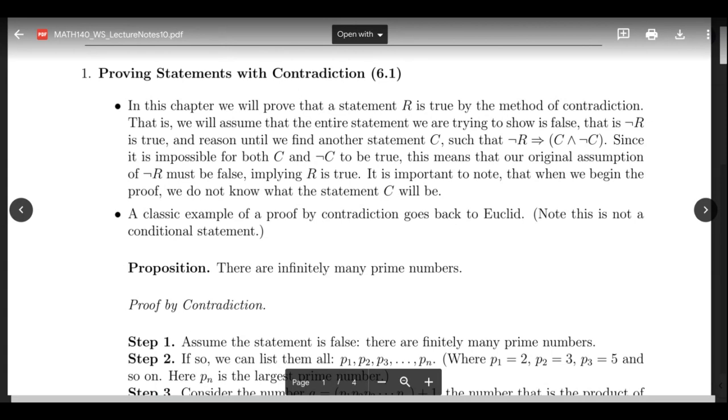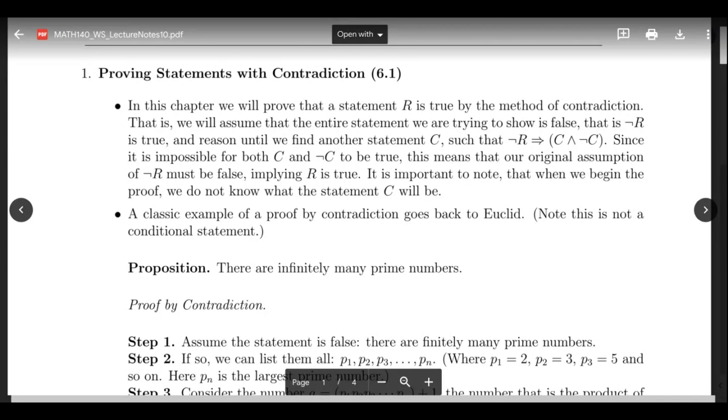What does that mean? Remember, we have a conditional statement, something like for all x in the integers. If we want to disprove a "for all" statement, disprove is a kind of proof that it is not true.